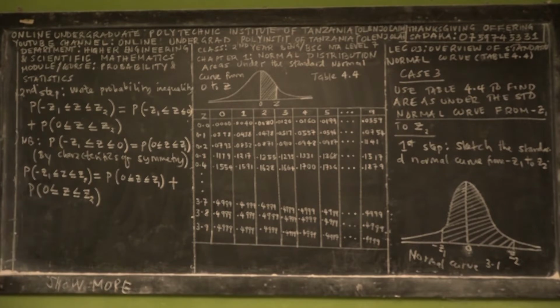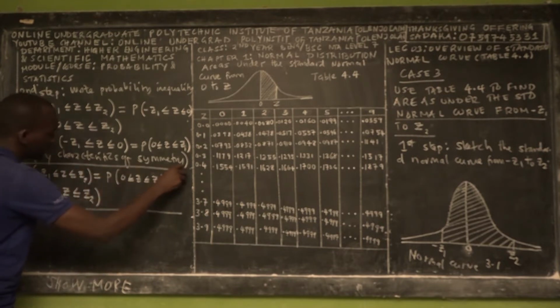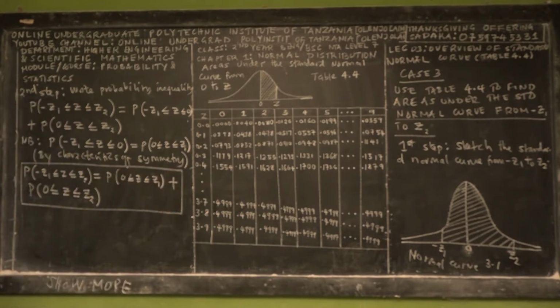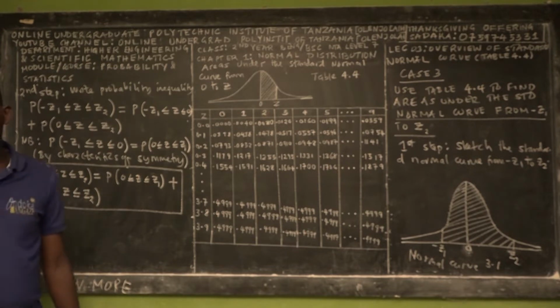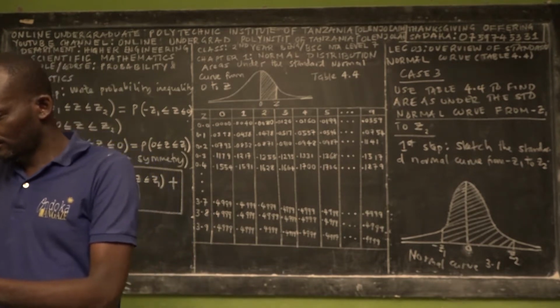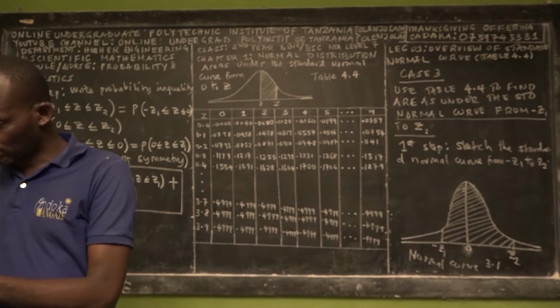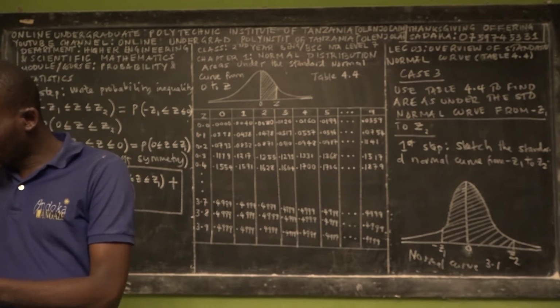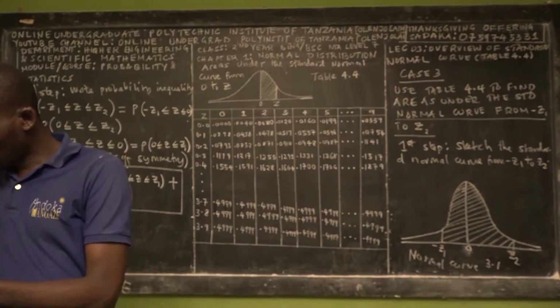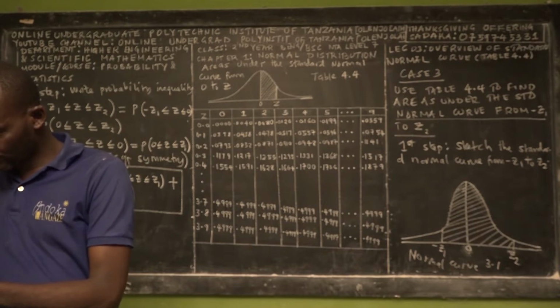So that is the formula. So this is the formula we have to use. Okay. So area under the normal curve, just demanding your level of comprehension.